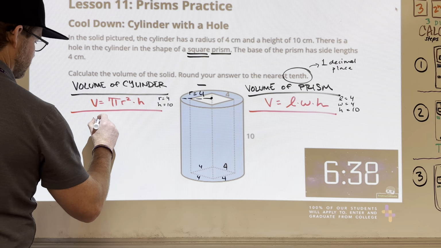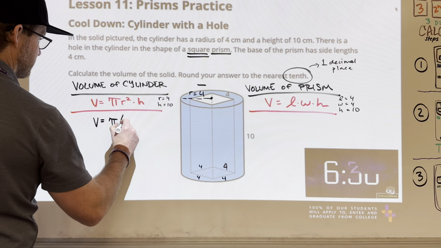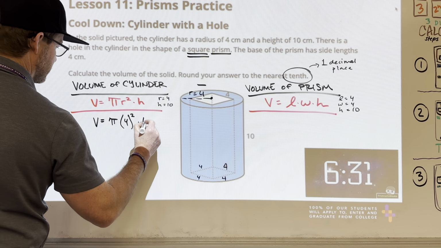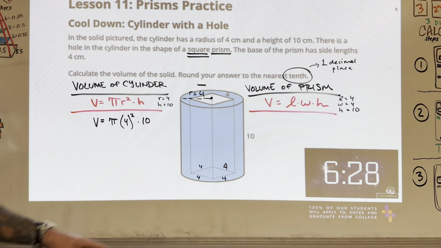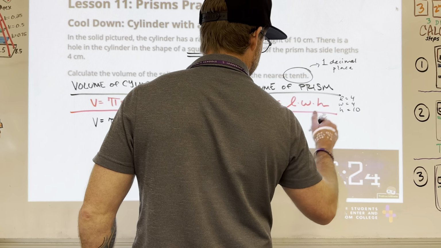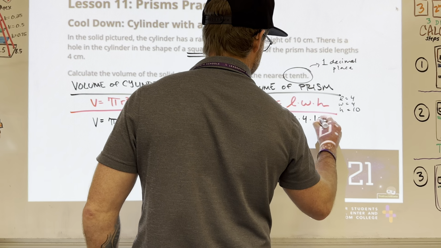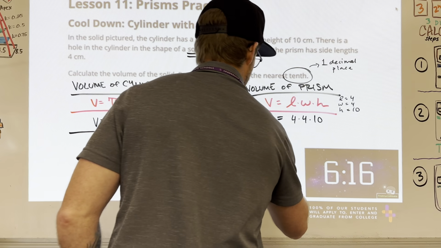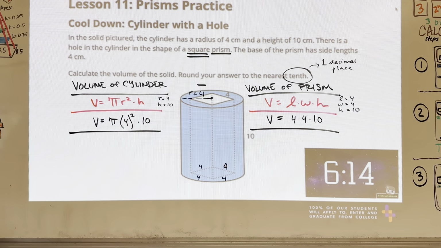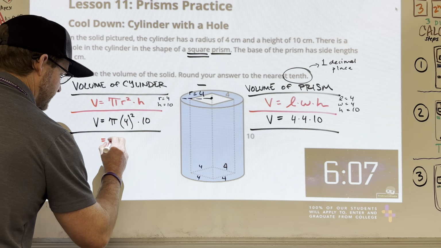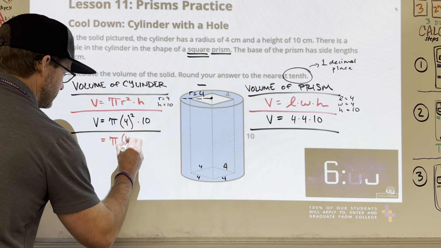So we're going to say volume equals pi times 4 squared times height, which is 10. Over here, we're going to say volume equals 4 times 4 times 10. Let's compute these. This equals pi times 16 times 10.